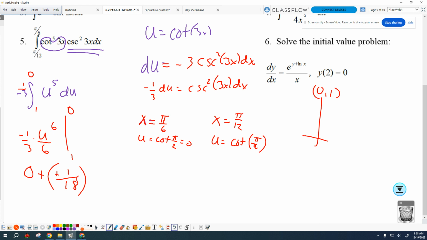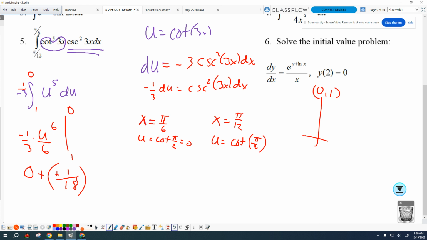Can you also make it cosine over sine and then? Yes, absolutely. Okay. So you can split things into cosine and sine and go from there. Yes. That's what it is.